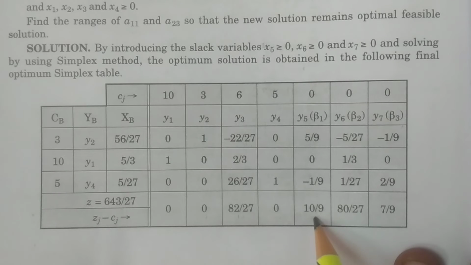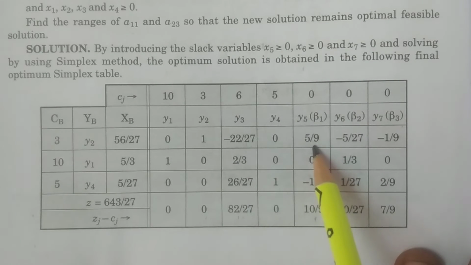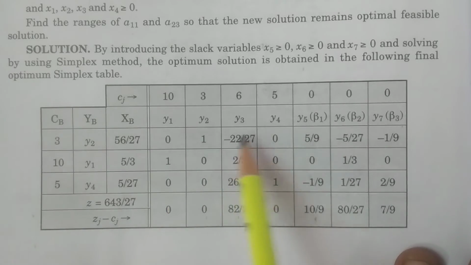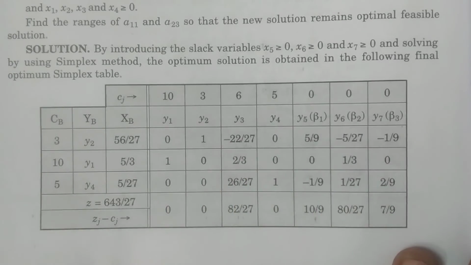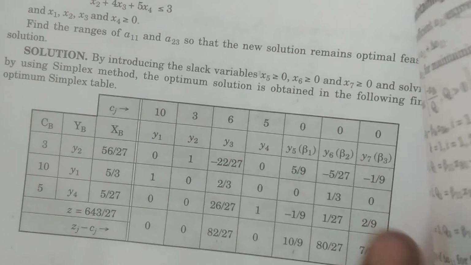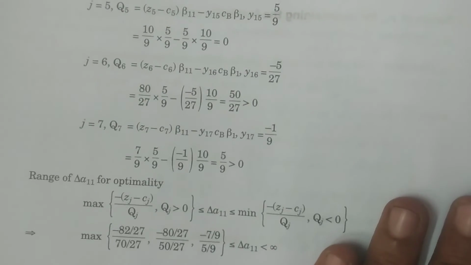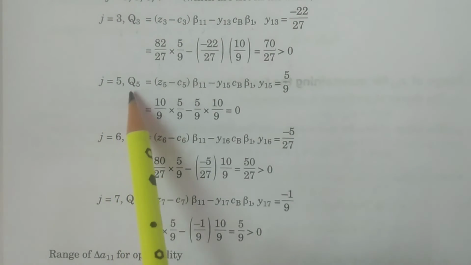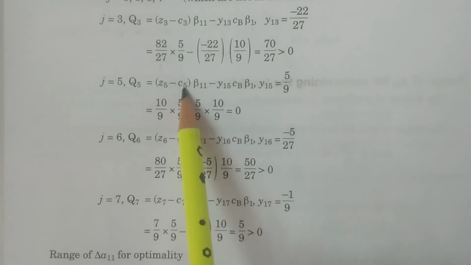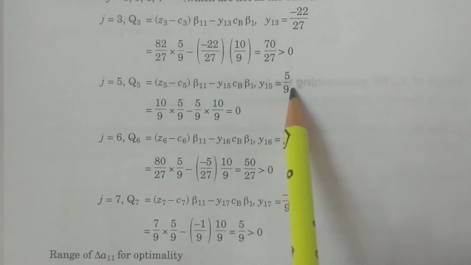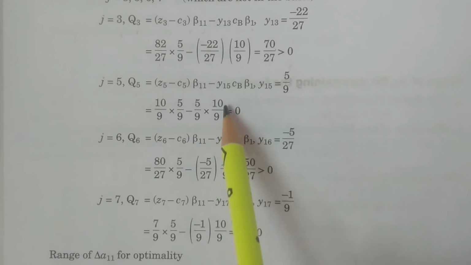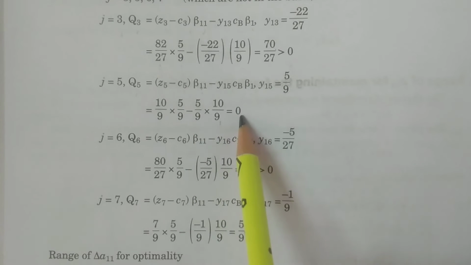It is 10 by 9. Corresponding value here, Y15, it is 5 by 9. Like that, similarly, remaining values are going to be observed. So the values here, J is equal to 5, Q5 is equal to Z5 minus C5 into beta 11 is 10 by 9 into 5 by 9 minus Y15, 5 by 9, into CB beta 1, which I have already shown you, 10 by 9. It is equivalent to 0.